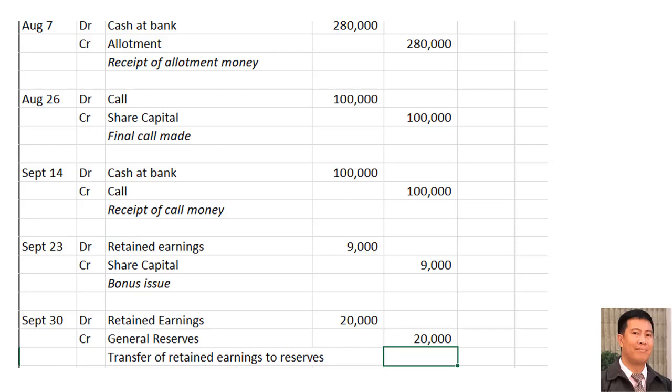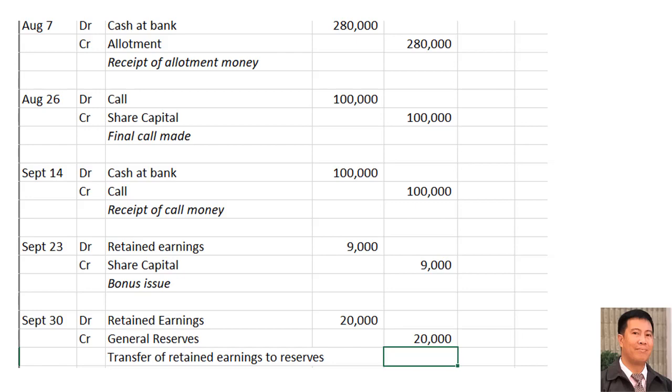Now, on 30th August, the board had made a call for the share. So, again, 1 million shares multiplied by 10 cents. It's given there. Call price is 10 cents. So, we have $100,000 there. So, debit call, credit share capital, $100,000. And then, you collected all the call money.